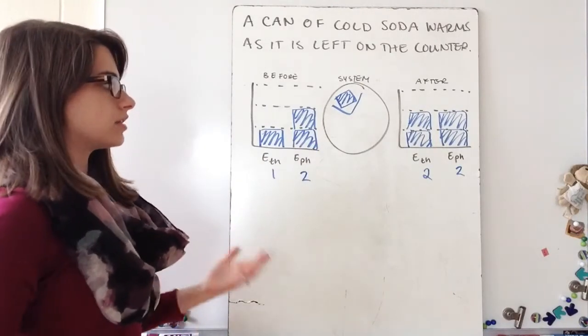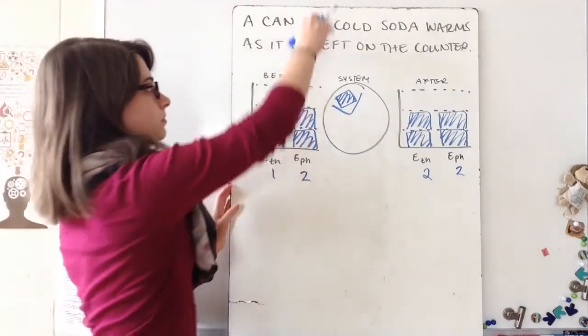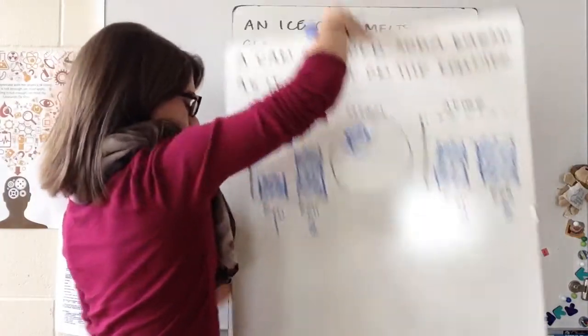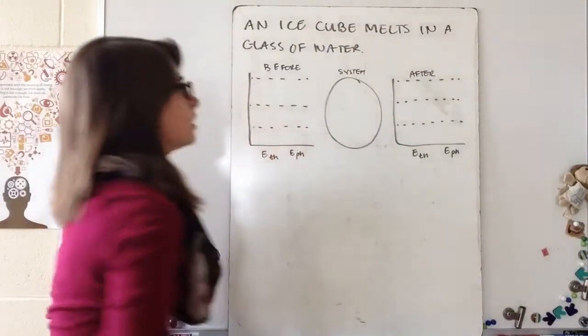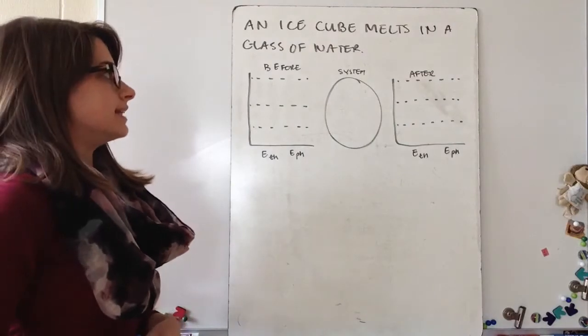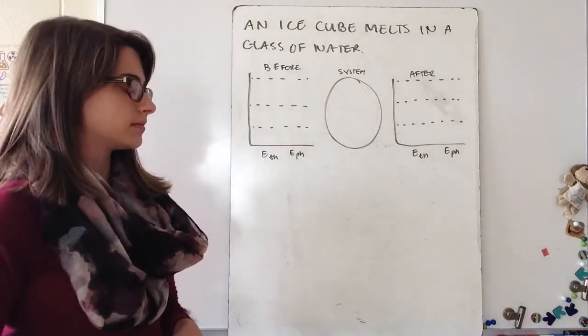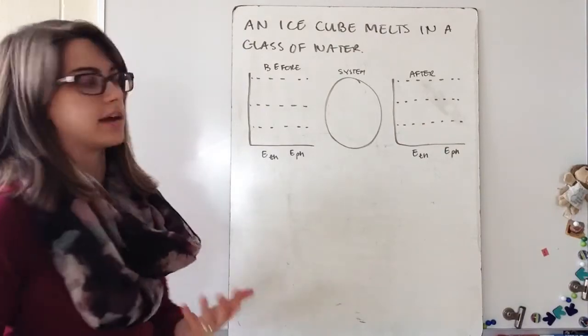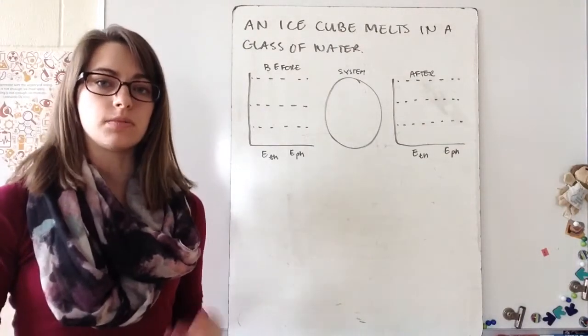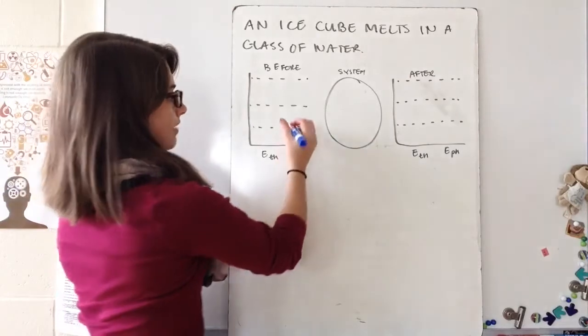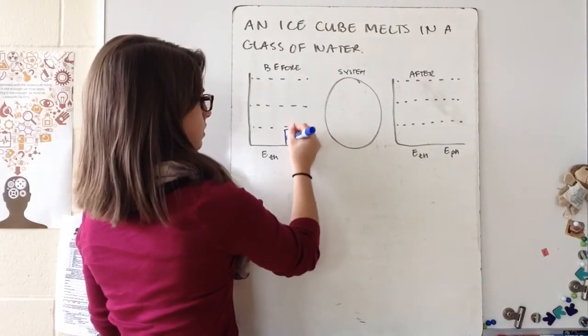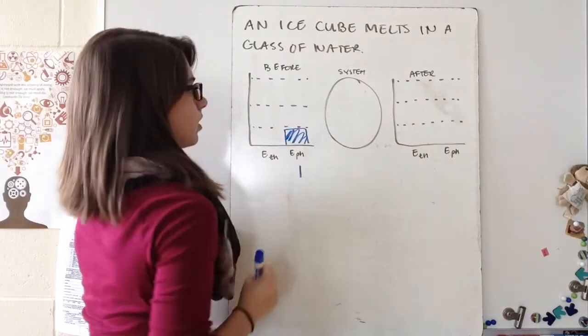Okay, so let's look at another situation. So this scenario says an ice cube melts in a glass of water. Okay, let's look at phase energy first. So an ice cube is a solid to start with, so it's going to have low phase energy. We're going to say it has 1 bar.